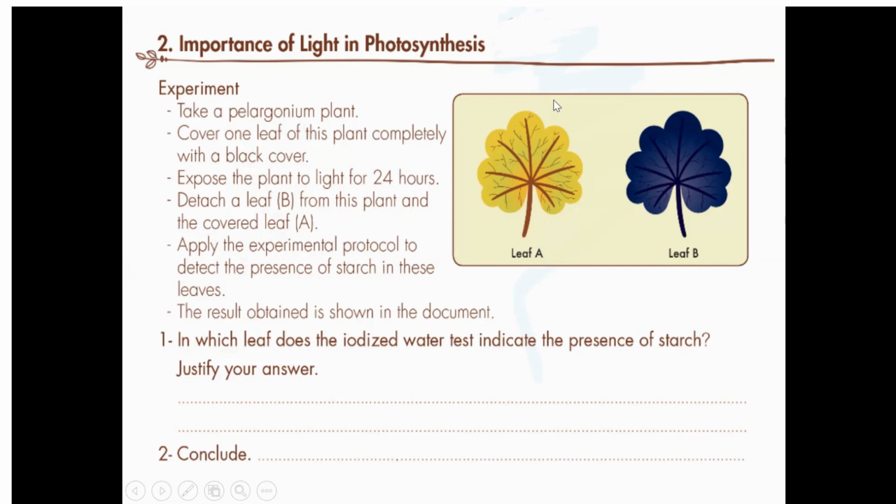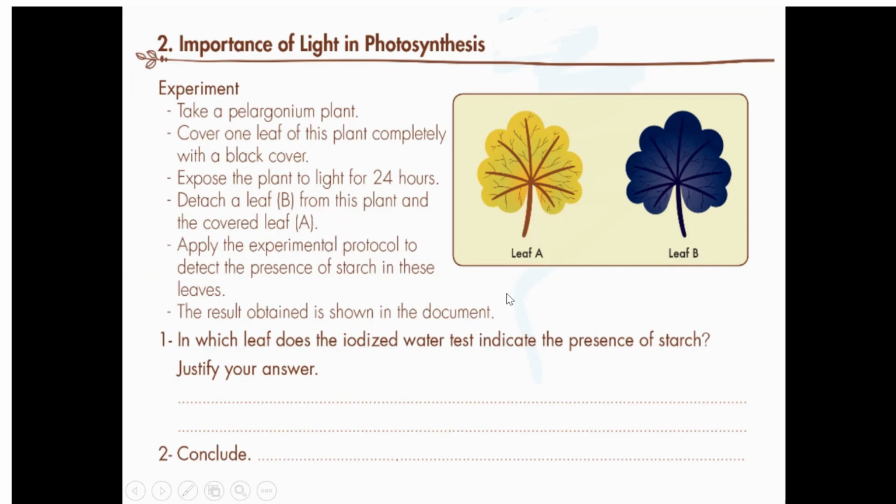So leaf A is completely covered with a black cover, while leaf B is exposed to sunlight. So we expose the plant to light for 24 hours. And here, don't forget that leaf A is covered with a black cover, while leaf B is freely exposed to sunlight.